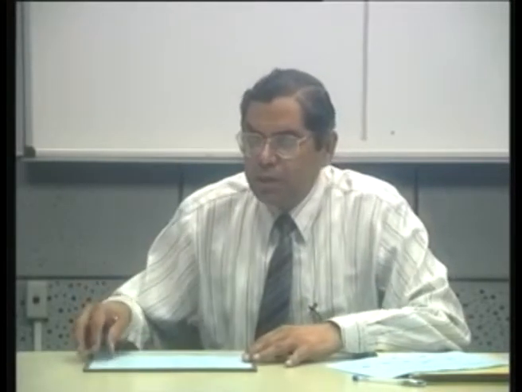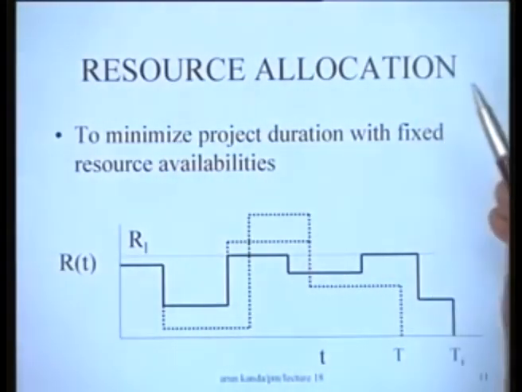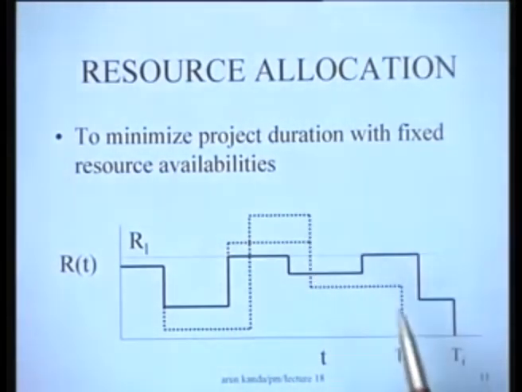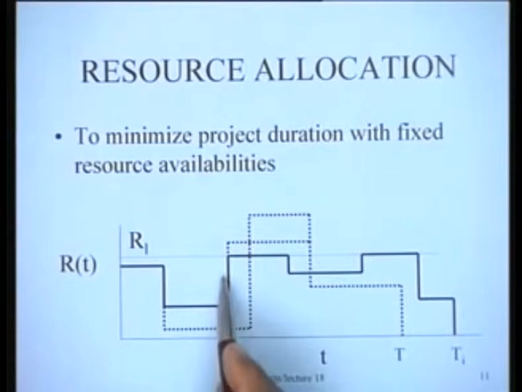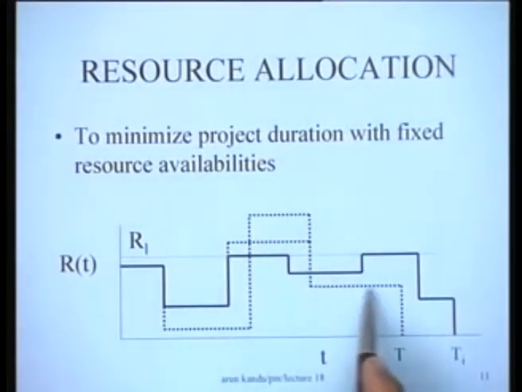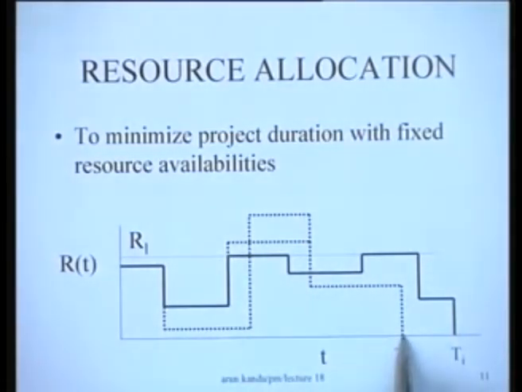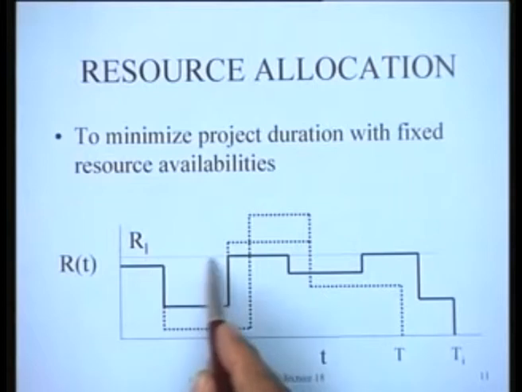Now, talking about the third problem in resources, that is the problem of limited resource allocation, or the resource allocation problem as it is commonly called. What may happen is that this was our original profile of resources. We went through a leveling process and we found that this was the leveled profile, this dotted line here, which was done in project duration T. But what may happen is that our resource might be limited to RL, which is this particular line here.